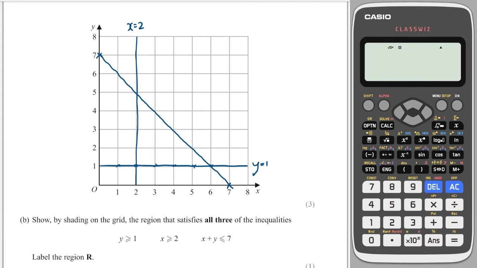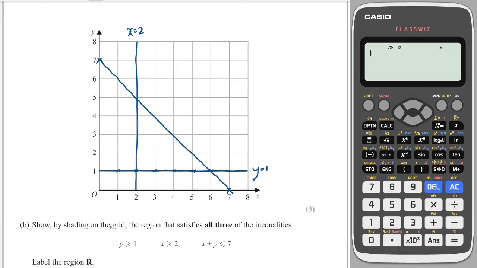And then it asks me to shade the region where it satisfies all 3 of these. So we want the y coordinate to be greater than 1, so it has to be above the line that we drew. We want the x coordinate to be greater than 2, so it has to be to the right of this line that we drew.